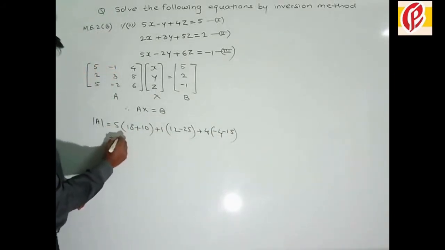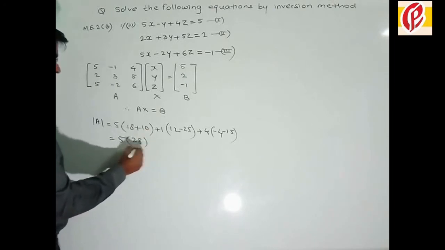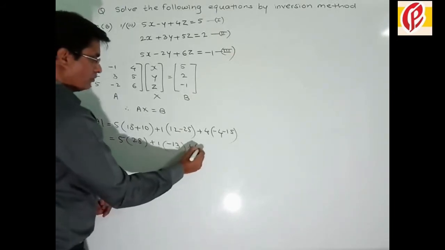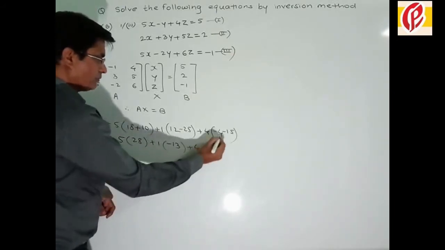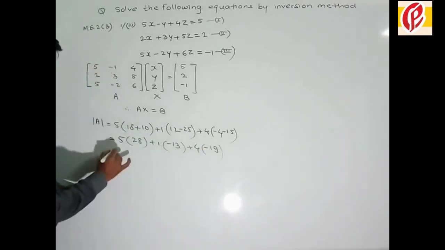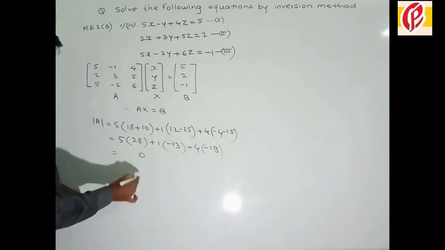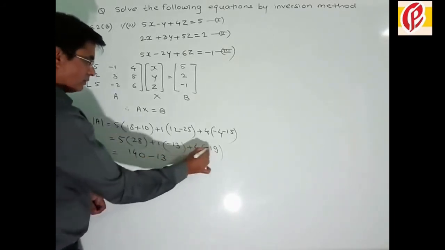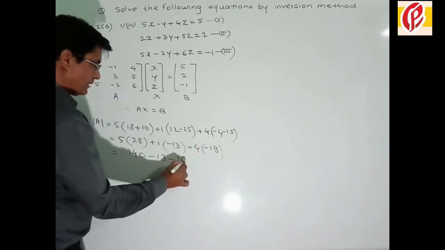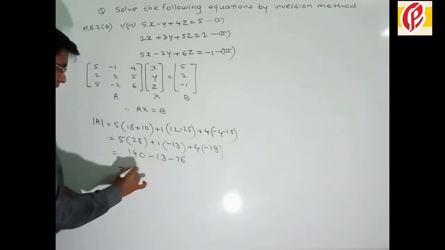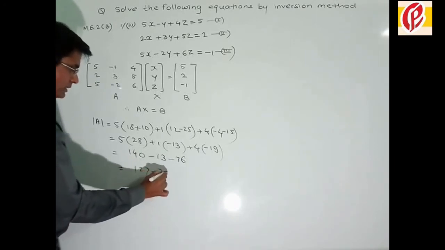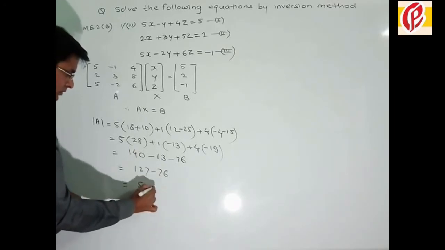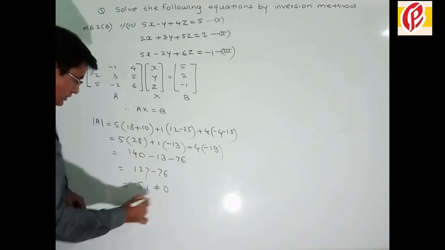So is equal to 5 into 18 plus 10, 28, plus 1 into here minus 13, plus 4 into minus 19. So 5 8s are 40, carry over 4, 5 2s are 10 plus 4, 140 minus 13, minus 19 4s are 76. 140 minus 13, 127 minus 76, 7 minus 6 1 and 12 minus 7 5. So we get 51, that is not equal to 0.